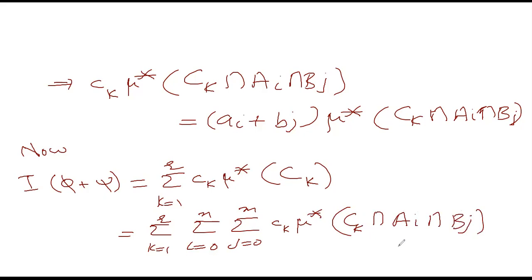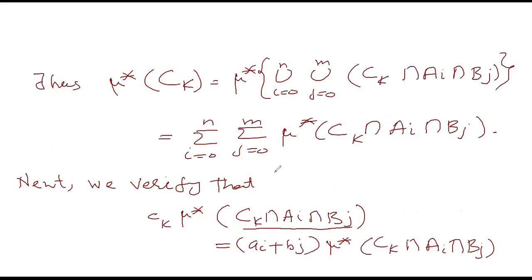You can see this at page number 14. This is done for mu star. If I write this as 1, I will write here by 1.